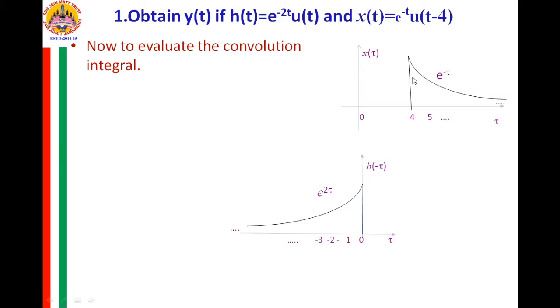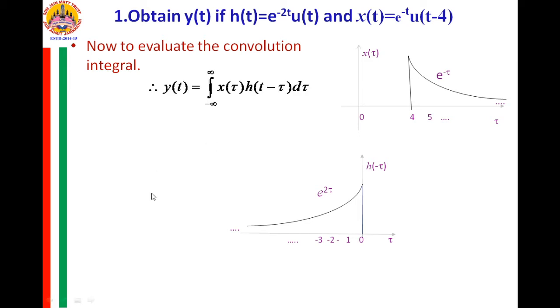That is, the amplitudes of x of tau and h of minus tau do not overlap with each other. So either x of tau is 0 or h of tau is 0. The positive or negative amplitudes are not overlapping. Therefore, if we multiply these two together, the product is 0.